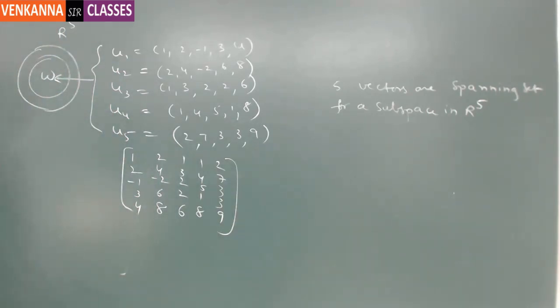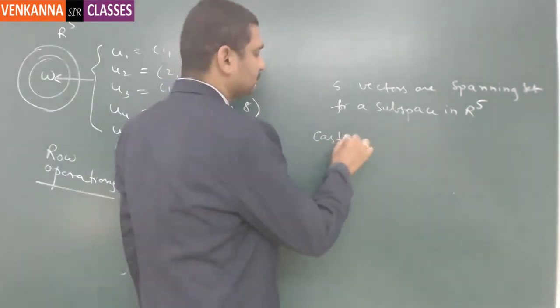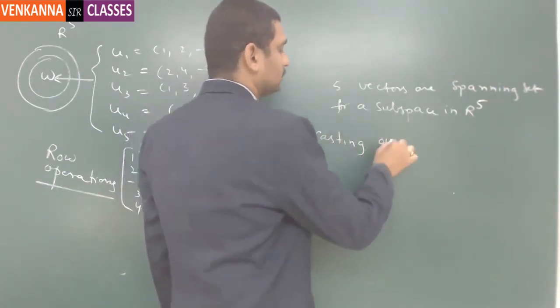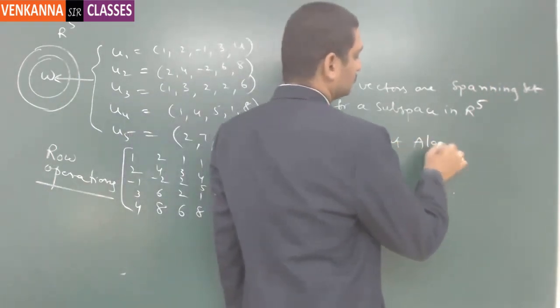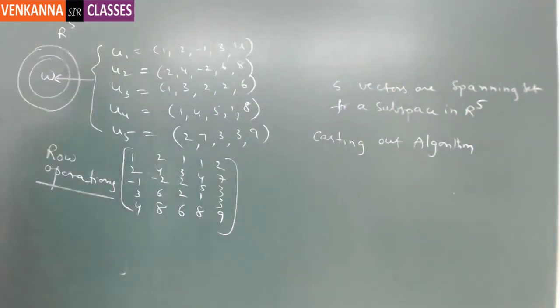Now we simply apply row operations on it. Please understand that this procedure is called the casting algorithm. For our convenience, let us simply understand that it is the echelon form method.